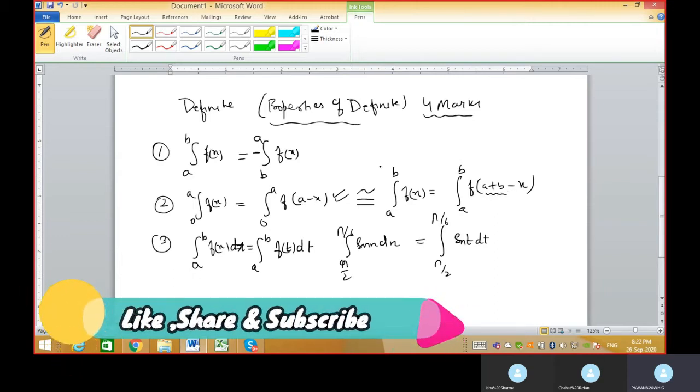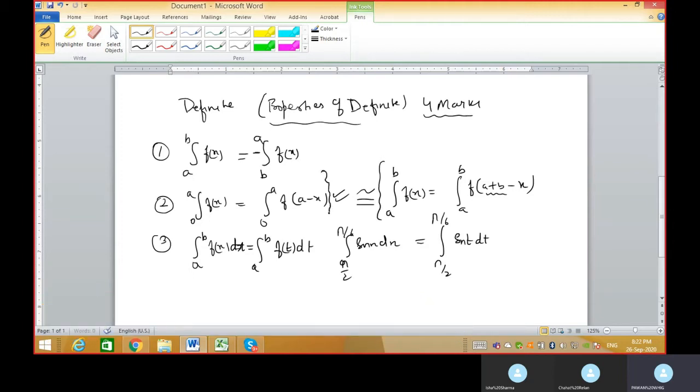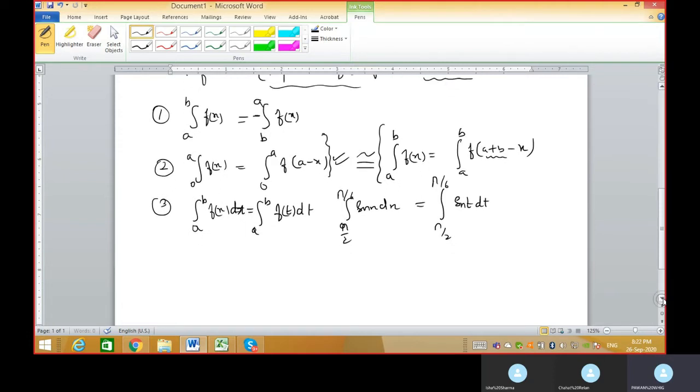We will see some questions on the basis of this also, but we have to remember this one. I already told you the earlier property we use whenever there is 0 to pi by 2, and this property we use whenever the sum of a and b is pi by 2. We will see the examples later on. So let us move forward.